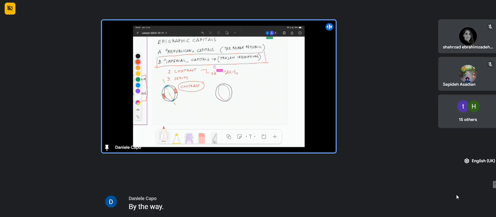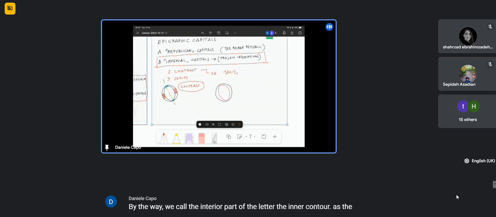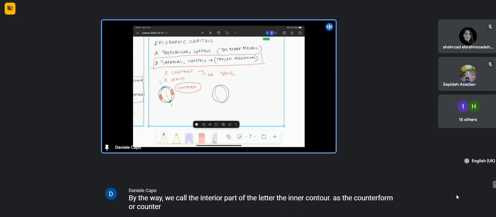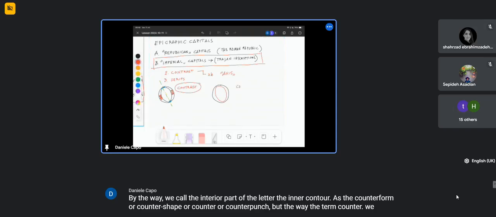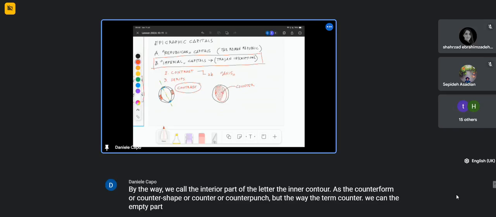By the way, we call the interior part of the letter, the inner contour, the counter form or counter shape or counter punch. By the way, the term counter, the empty part inside the letter, is often used.